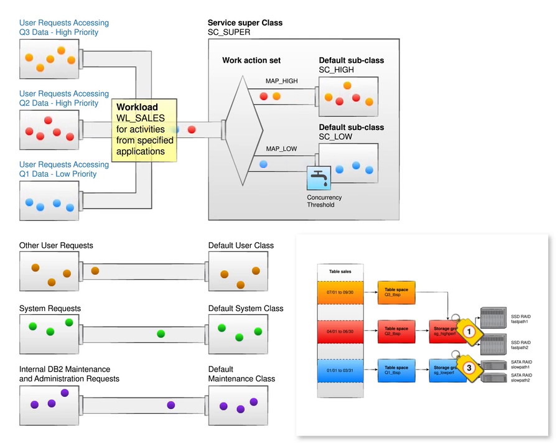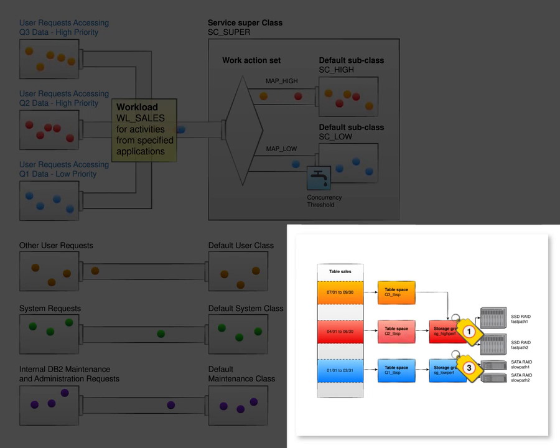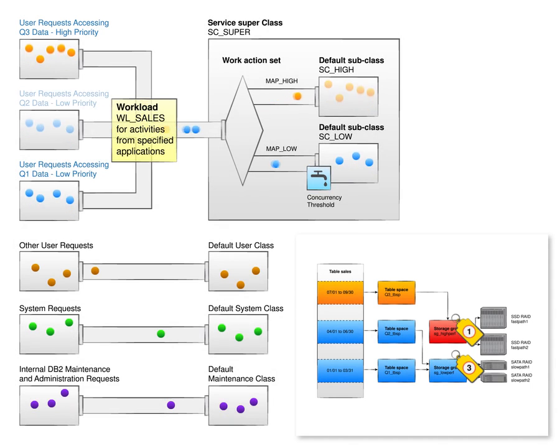To devote more resources to third quarter transactions and to limit resources to second quarter transactions, you simply move the second quarter table space to the lower temperature storage group. Second quarter transactions will run in the same service class as the first quarter sales transactions with the concurrency threshold applied to it.